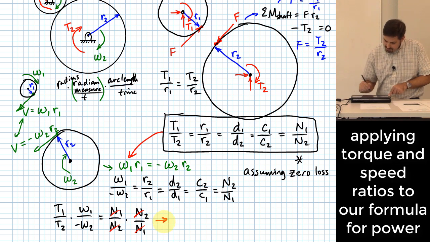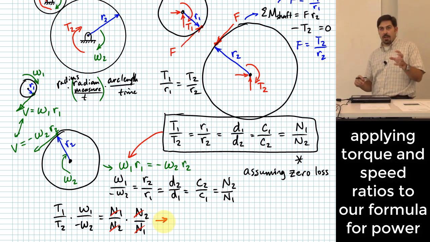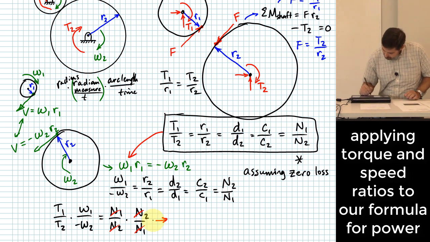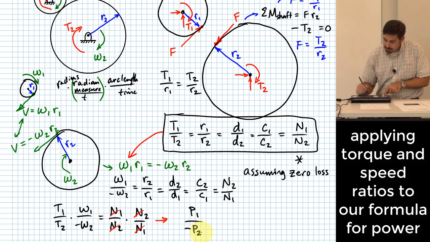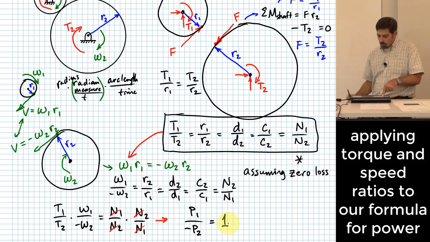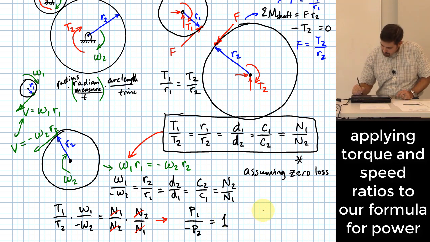It tells us that if we assume T1 and T2 are in the same direction, and omega 1 and omega 2 are in the same direction, then the ratio of these two things together, P1 over minus P2, is going to be equal to 1. Or we can just say P1 over P2 is equal to minus 1.